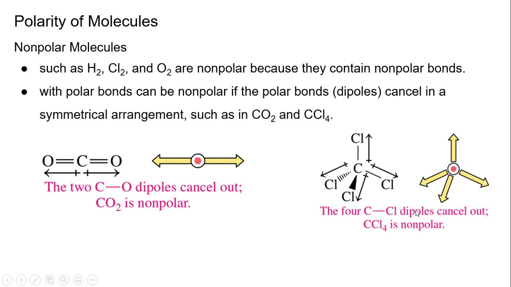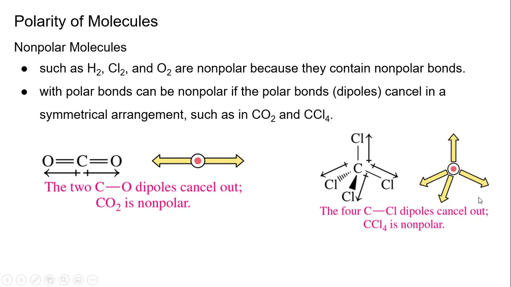Now we look at carbon tetrachloride. Even if there is a dipole here, meaning a polar bond, there's a separation of charge where the chlorine is pulling more of the electrons away in the bond than the carbon. There's 4 of them, and the shape is tetrahedral, so it's very symmetrical.